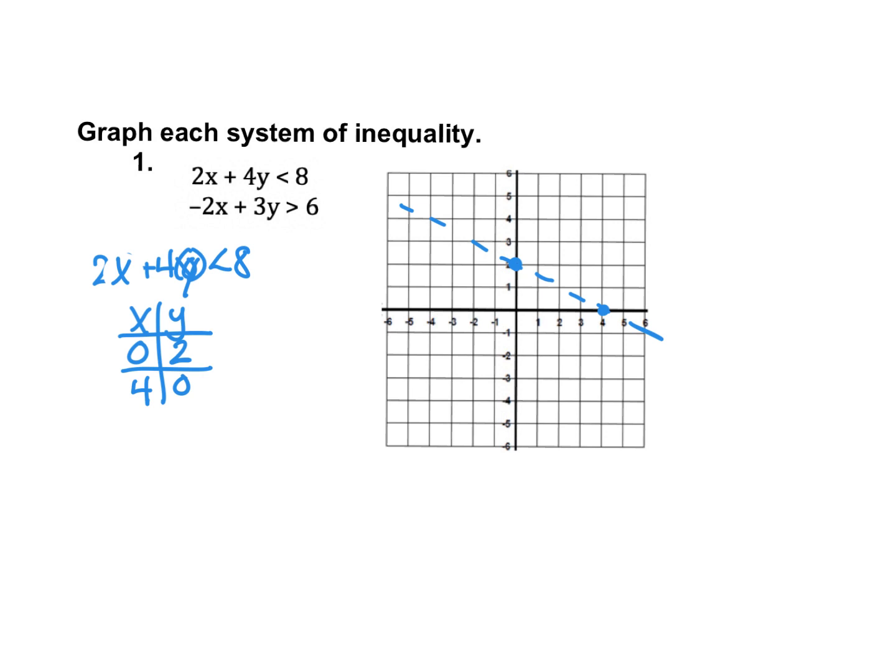All right, now we have to identify if we're going to shade up or if we're going to shade down. In order to do that, we have to go back to our original equation, and we're going to plug in the point 0, 0. And when we do that, I'm left with 0 less than 8.